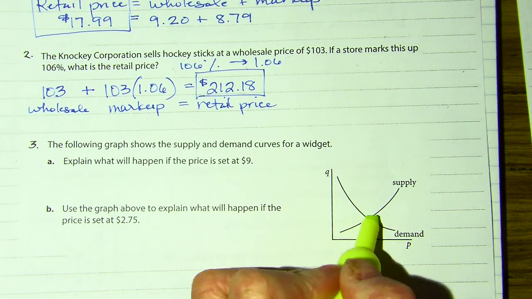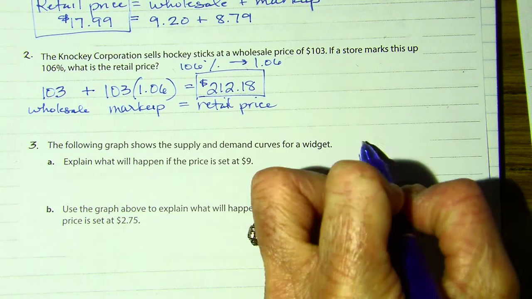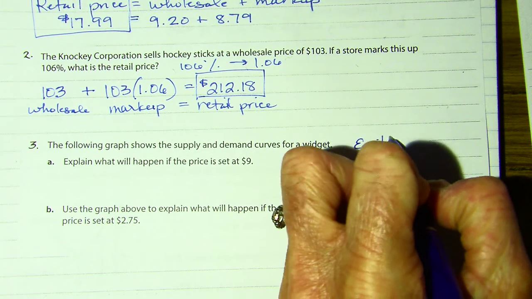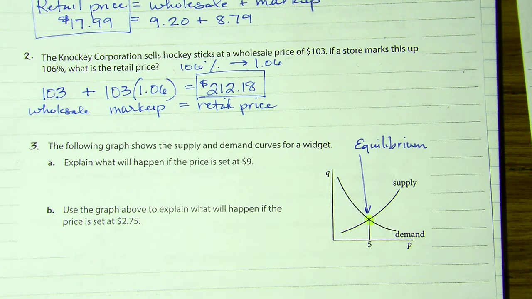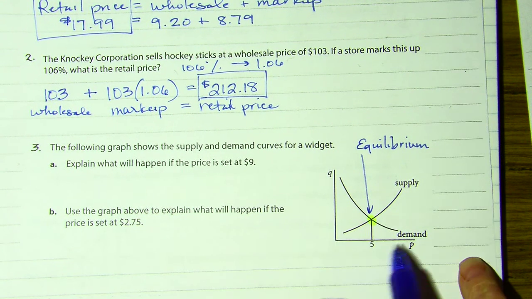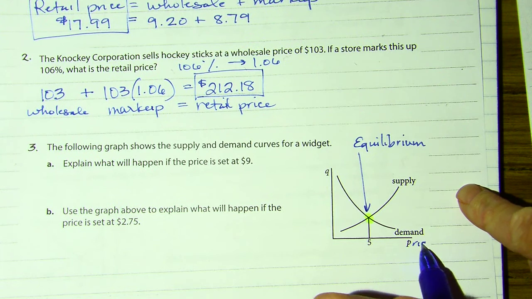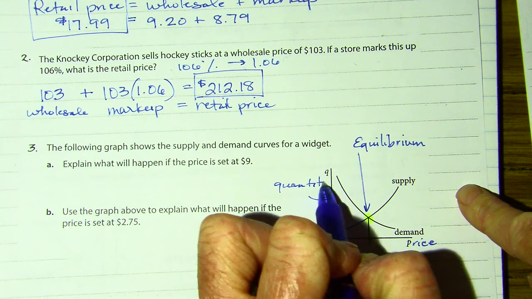Okay. All right, so here is a basic supply and demand curve. This point here in the middle is referred to as the equilibrium. And that's where the two meet or intersect. And so if you'll notice down here, here's the price. This is price. This here is quantity. So how many are being produced?